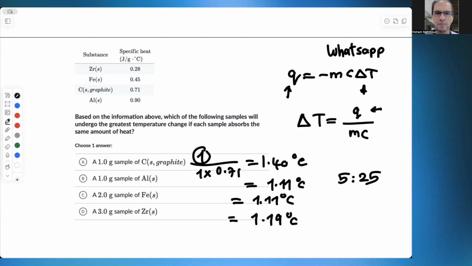This is for the ZR. So the one that goes the highest temperature change is simply graphite. It has the temperature changed to become 1.40. Note that instead of saying 1 over something, you could say 2 over something for all of them, or 3 over something, or 10 over something for all of them. You just put any value for the Q.